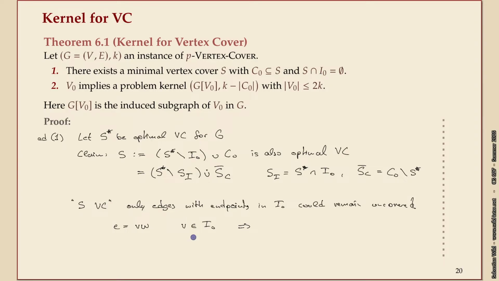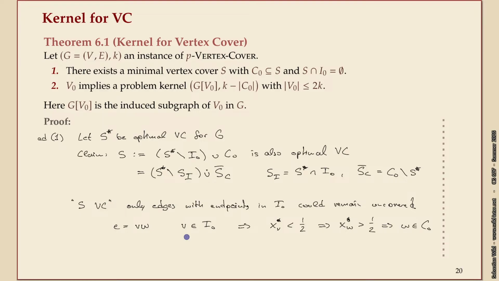By definition, I0, these were the vertices where the corresponding optimal solution of the LP had a value less than 1/2, right? So X V star was less than 1/2. But the solution has to satisfy the constraints, so the other endpoint has to be strictly greater than 1/2, which means this W is in Z0 by definition of that set, which means we'll eventually include W for sure.